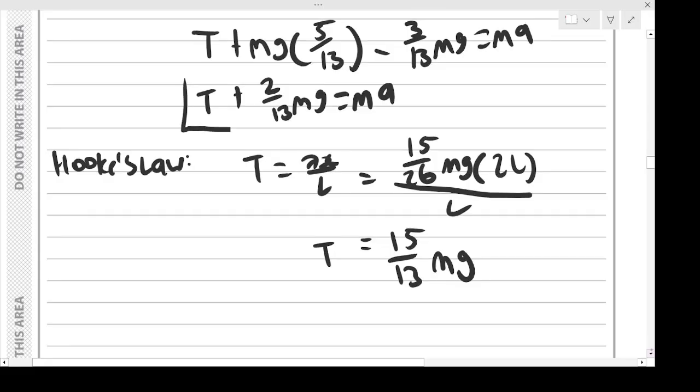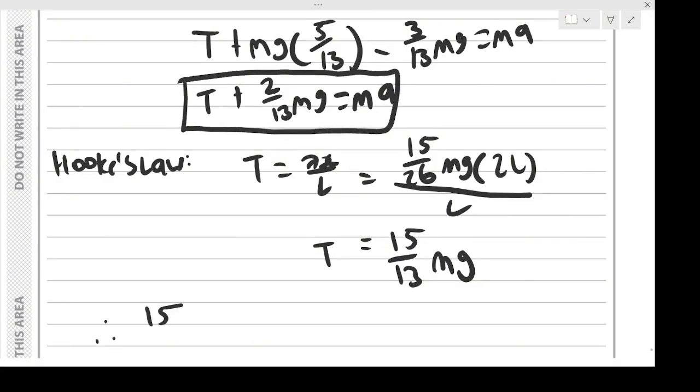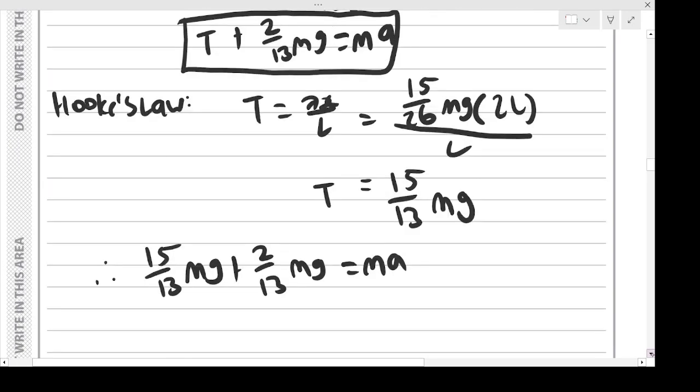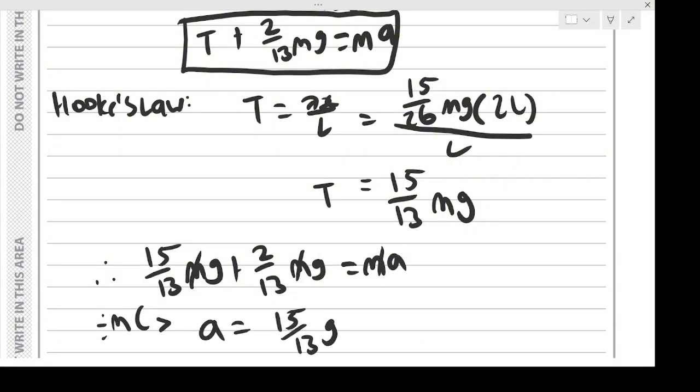And now we can substitute that into my F equals ma equation. So therefore T, which is 15/13 mg, add 2/13 mg is ma. I can get rid of the m's, okay? So then I get a to just be 15/13 g, add 2/13 g.